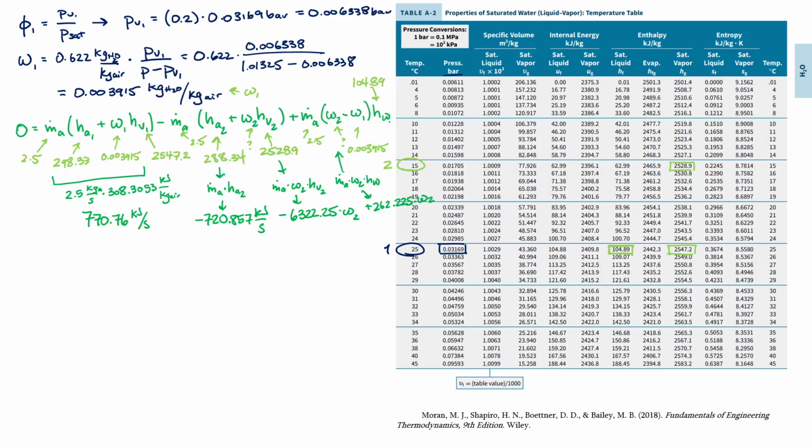And then for this last portion, I have a value of negative 1.02666 kilojoules per second.